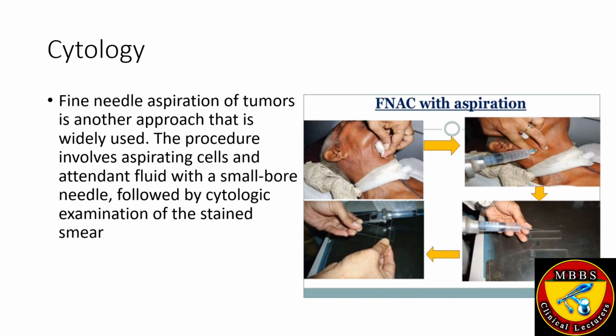If we are going to take the cytology of a cervical lymph node from the neck, then the first stage is to palpate the cervical lymph node and then sterilize with the spirit swab. The second is to fix the lymph node with two fingers of your left hand and take the syringe, and then insert the syringe into the particular swelling of this lymph node.